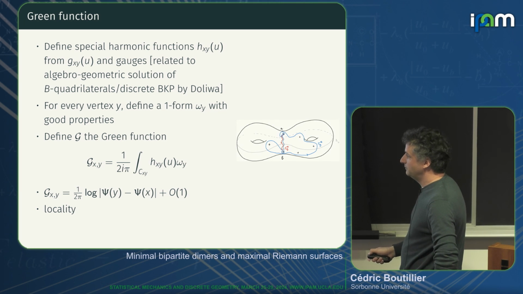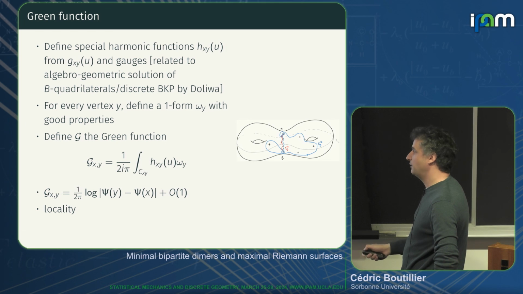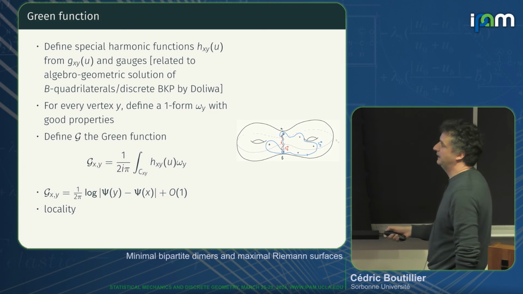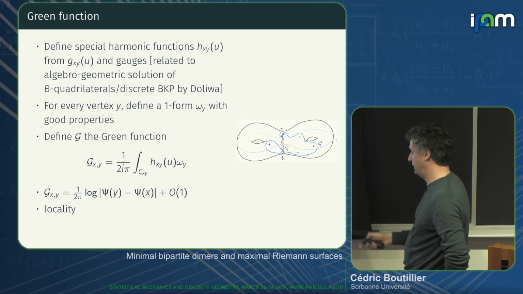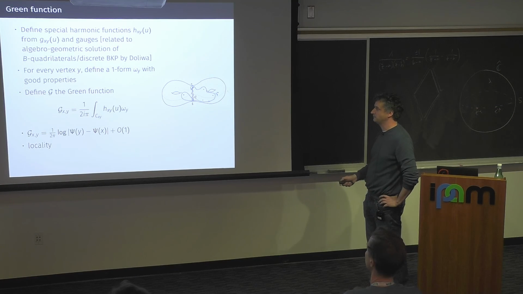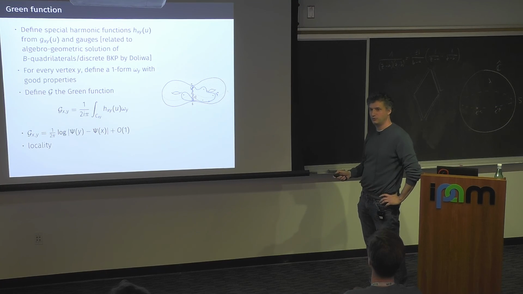And you can see that this function will have the correct behavior as expected for the planar Green function, and that this Green function satisfies some locality property. Any questions about this formula?